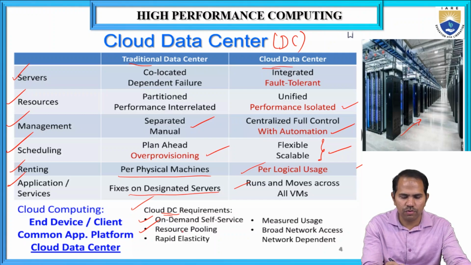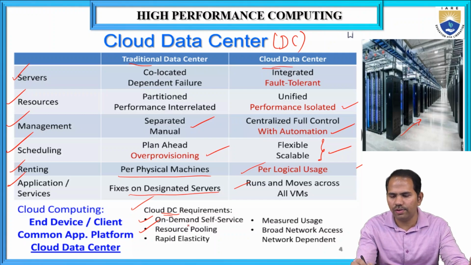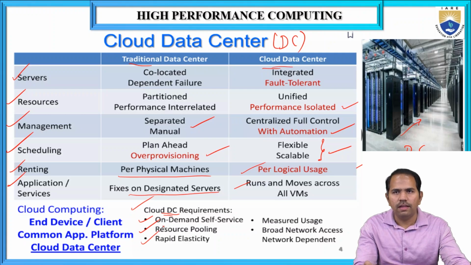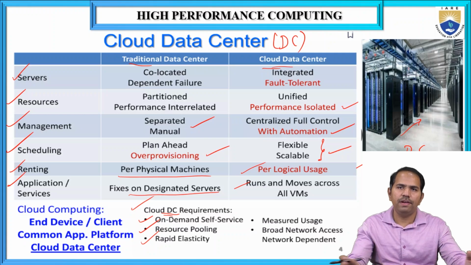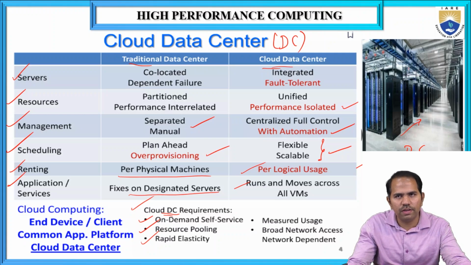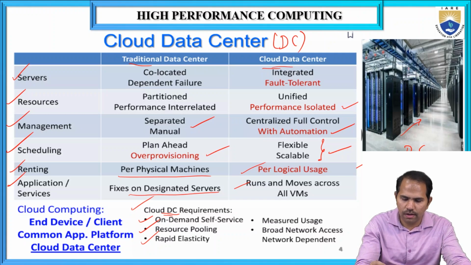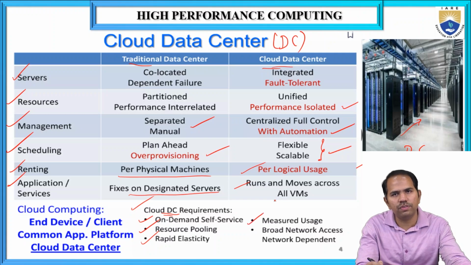Different resources are collected into a DC, and DC means data center. Resource pooling is one of the important things, along with rapid elasticity. If it needs more size, it is available to increase the size also. And measured usage: how much of the resources, how much usage is done in a data center, and how much space is required.